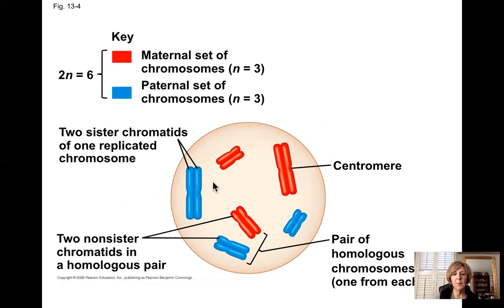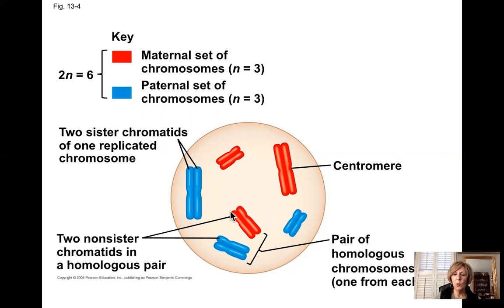And so I would count this as one chromosome and this is one chromosome. But what we're going to see in meiosis is that these chromosomes, these pairs of homologous chromosomes, line up together.